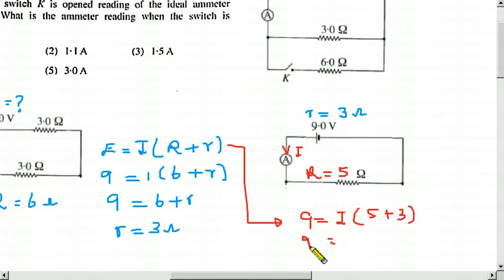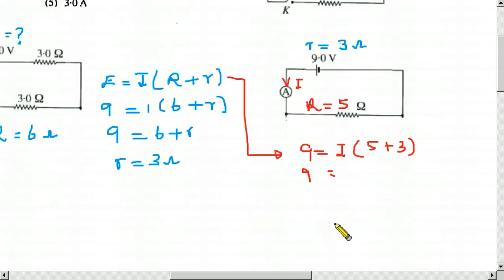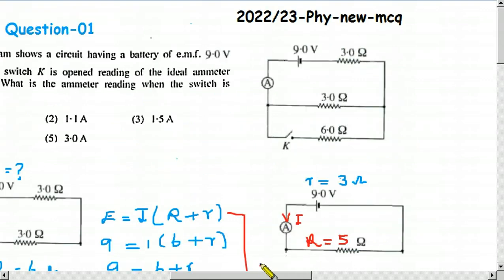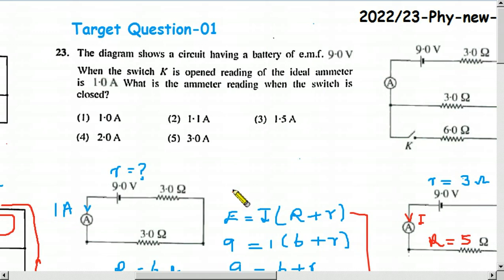Then 9 divided by 8 is I. So that is about 1.1. Only one decimal place they have calculated the answers. 1.1. So this one is the answer, the second one.